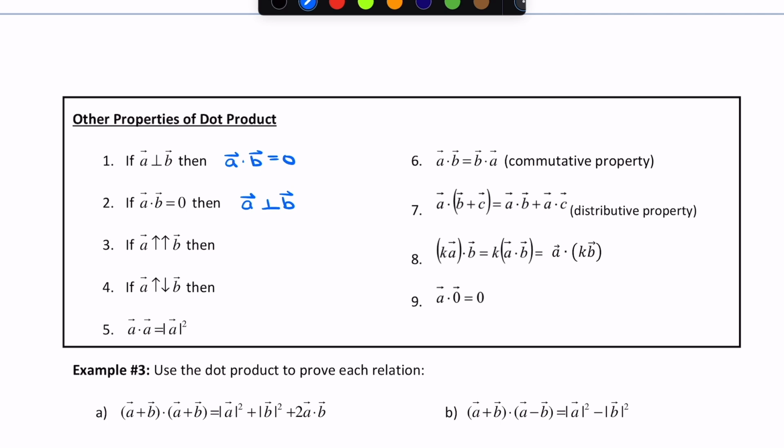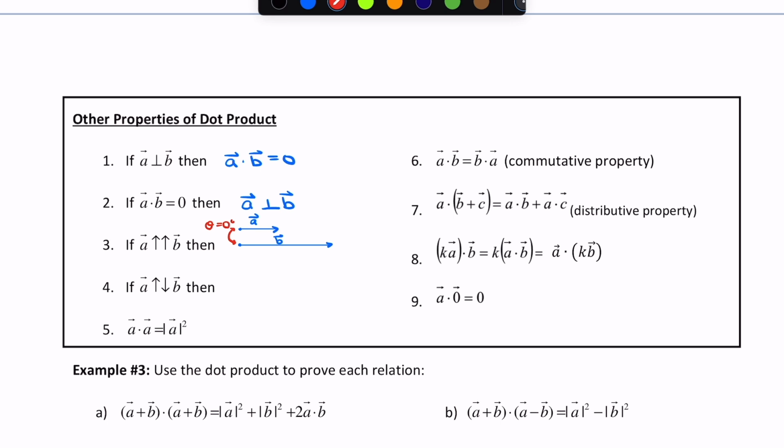If vector A and vector B both go in the same direction, here we can draw vector A, and here vector B. So here they're in the same direction. And so again, the theta would be equal to 0 degrees.